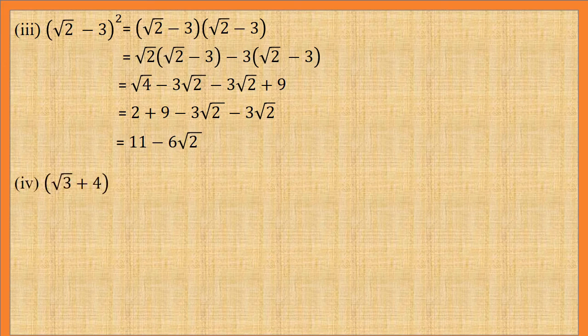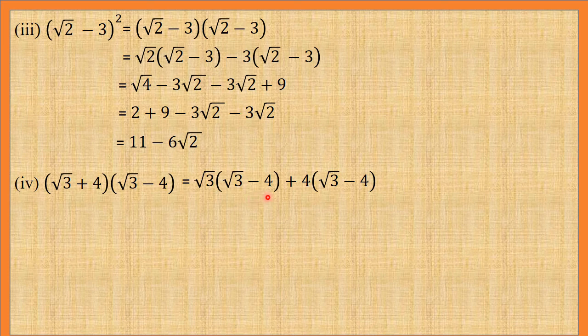Then for the fourth example, we have square root of 3 plus 4 and square root of 3 minus 4. When we are expanding, this will be equal to square root of 3 multiplied by square root of 3 minus 4 plus 4 multiplied by square root of 3 minus 4.